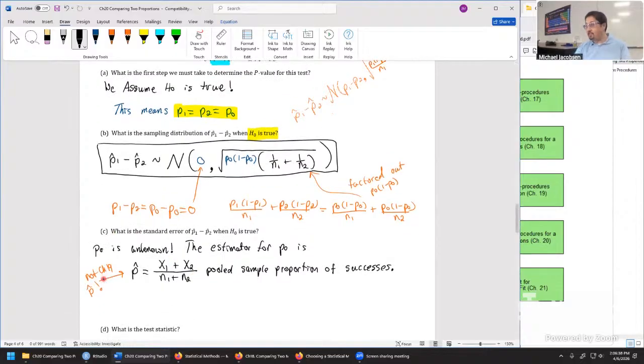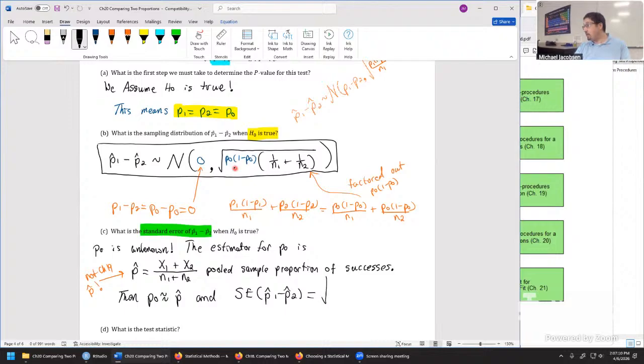So now we can say on the next level, P naught is approximately equal to this brand new statistic P hat, and the standard error for P hat 1 minus P hat 2 is going to equal this. That's what we wanted to come out with for the standard error, not the same standard error whatsoever as what we just did in the confidence intervals, because we have a whole new sampling distribution.